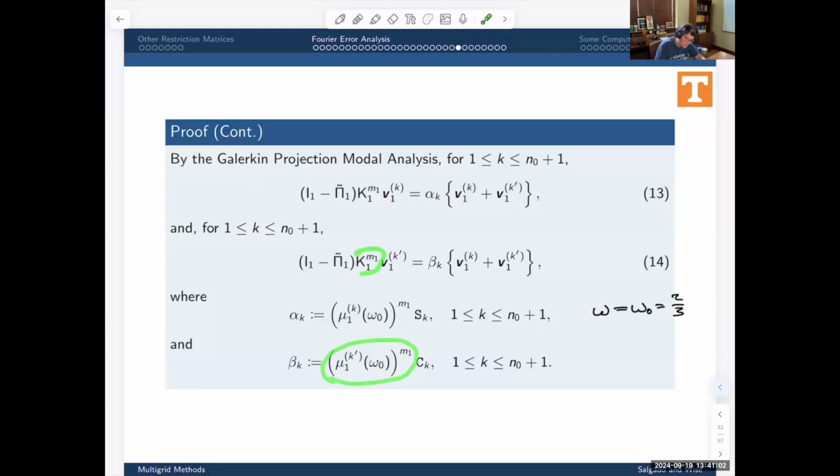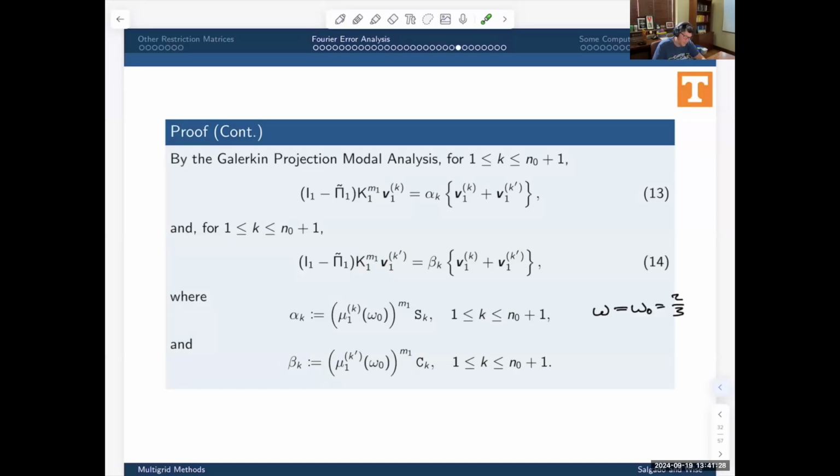That's smoothing, acting on these k prime modes, these are modes with the reciprocal wave numbers. And then the last result tells me how this error matrix maps these modes, and that gives this times that. Okay, so this is just a combination of two things that I already know.